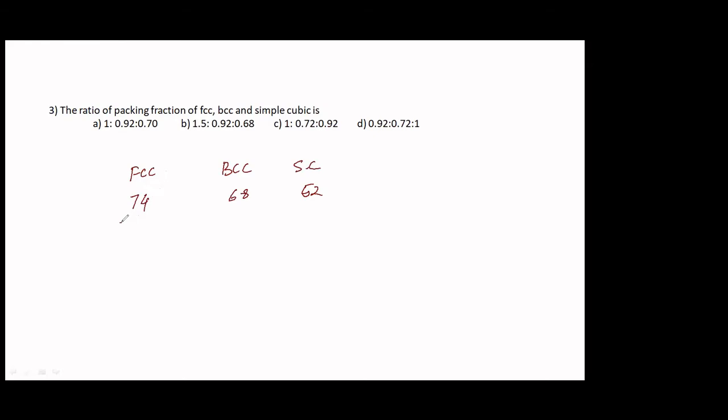So divide each by 74. What do you get? You will get 1, 68 divided by 74 is 0.92, and 52 divided by 74 is 0.70. So the first is the correct option. That's correct.